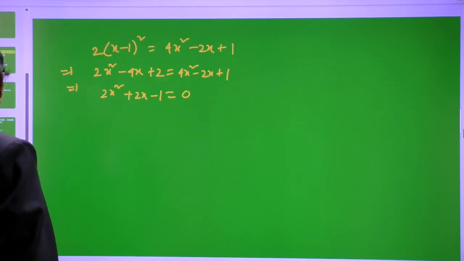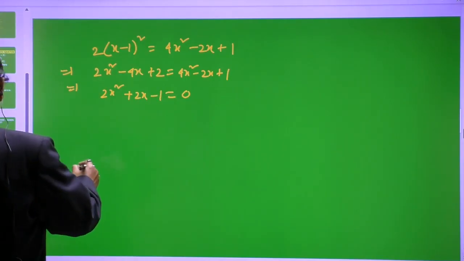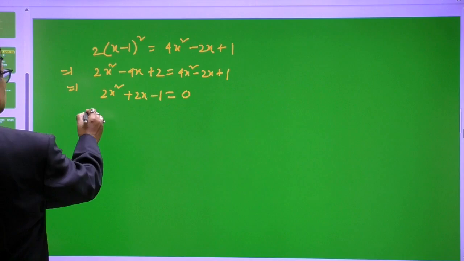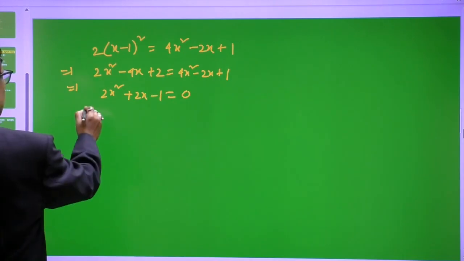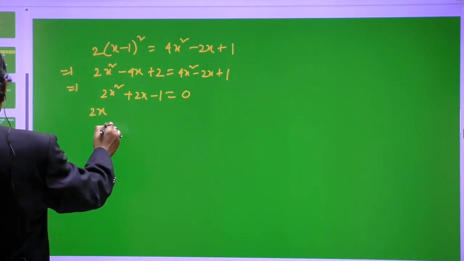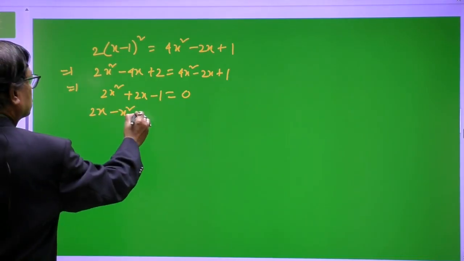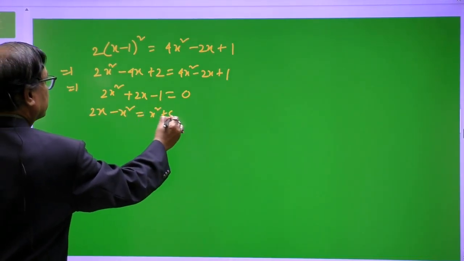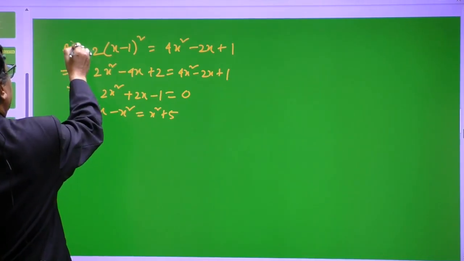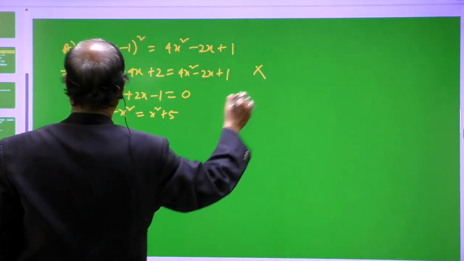Now, the second option is 2x minus x square equals x square plus 5. This is option A, so option A is not correct.